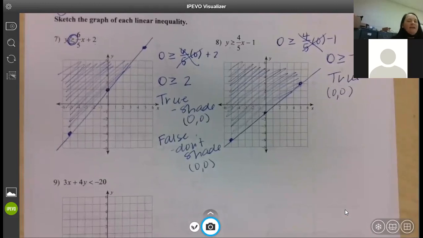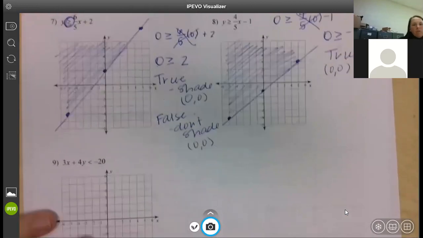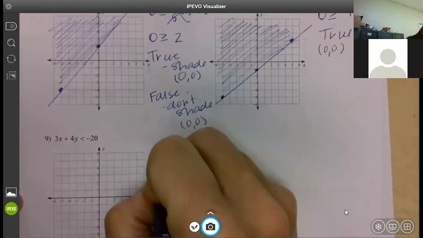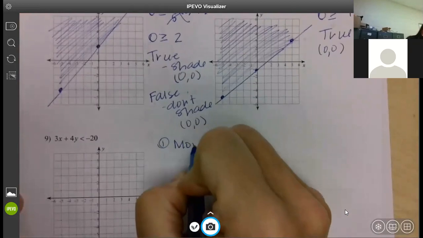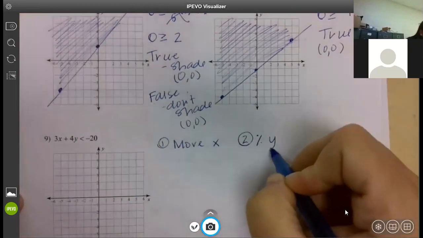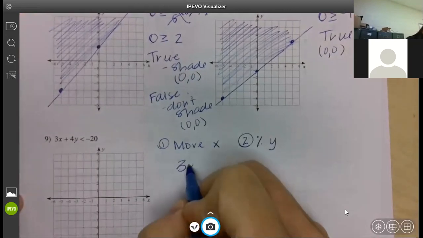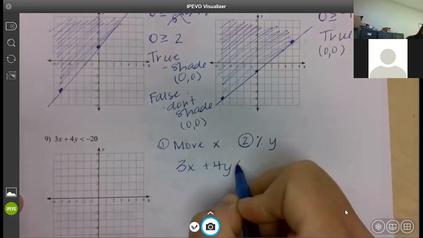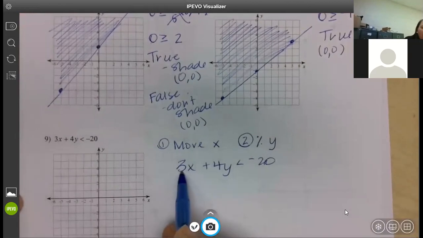On number 9, they give it to you in standard form, so we have to solve for y. So remember, solve for y. This is a perfect one. We move x and divide by y. So it's a positive 3x.